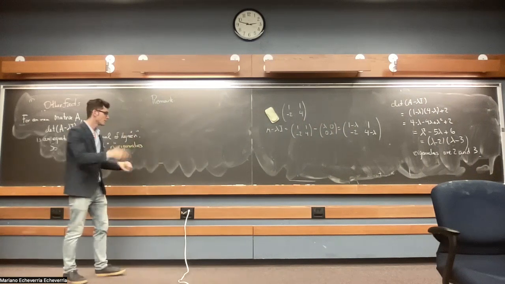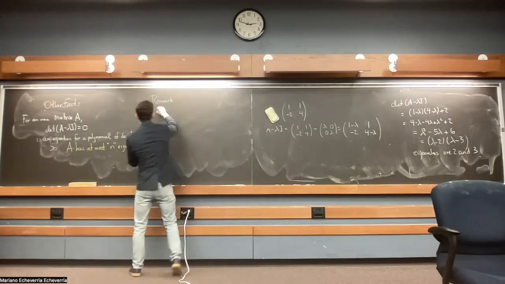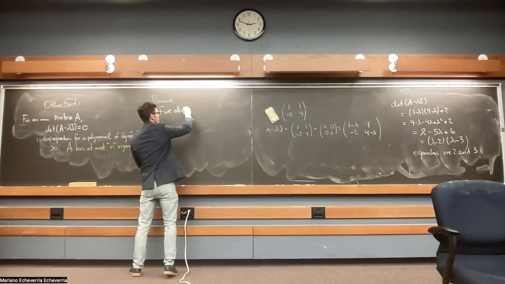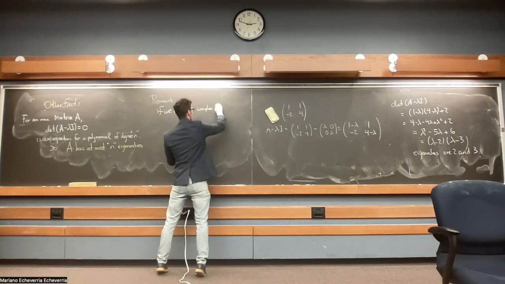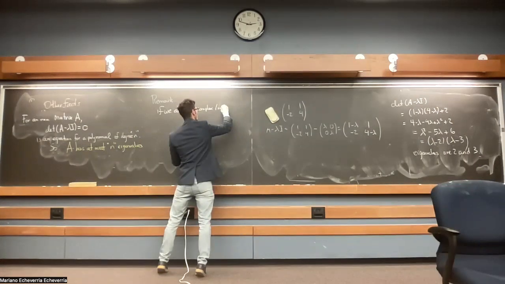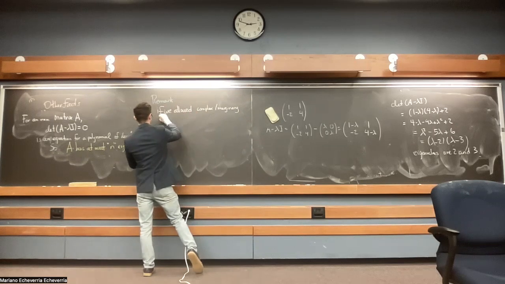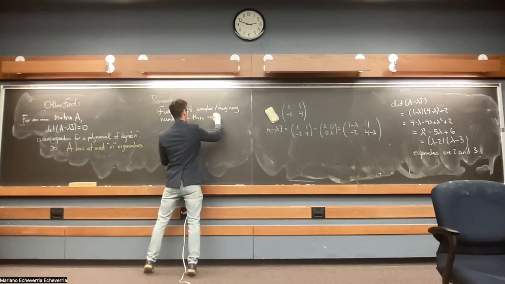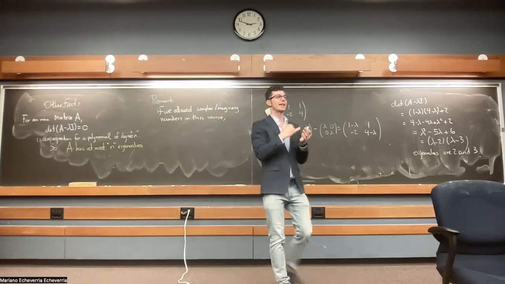If we allow complex or imaginary numbers, so it's a little bit of a cheat, but you're free to use it, then the matrix A would always have n eigenvalues.